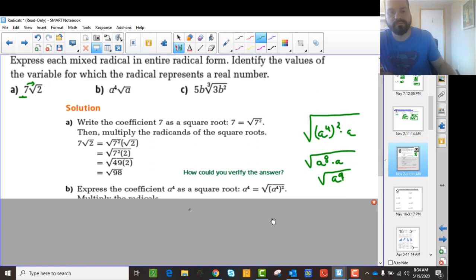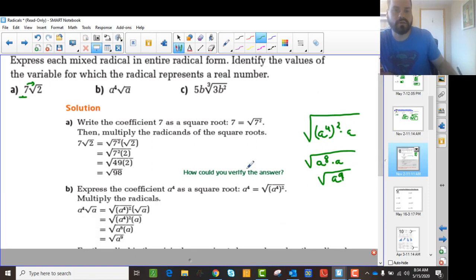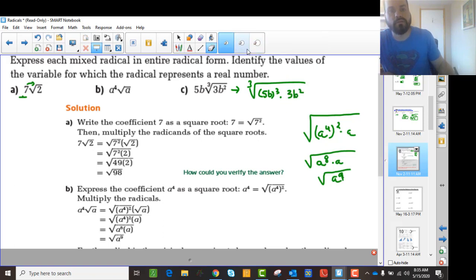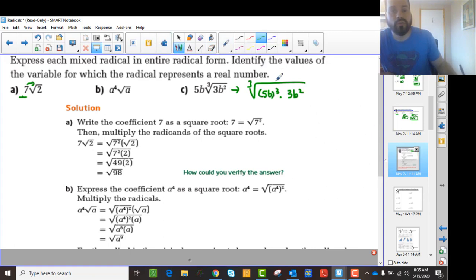And then the last one is a cube. So for this one, you're going to write this as the cube root of 5b cubed times 3b squared. Okay? And 5 cubed is 125. And b cubed is just b cubed.